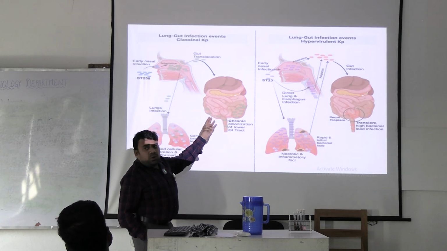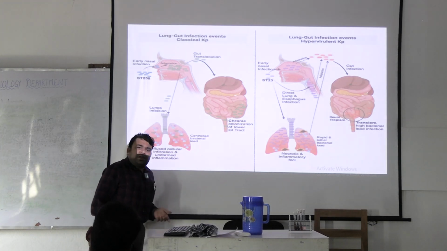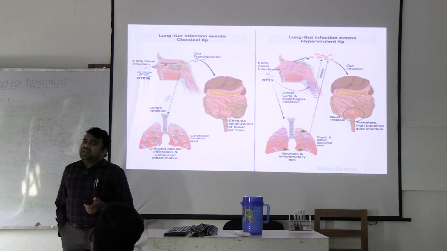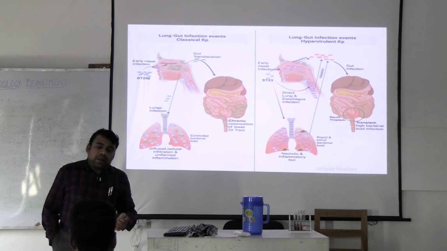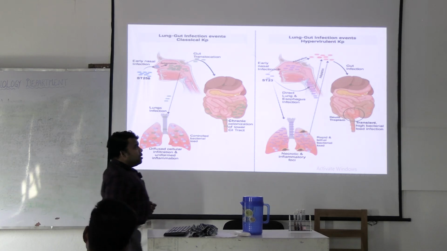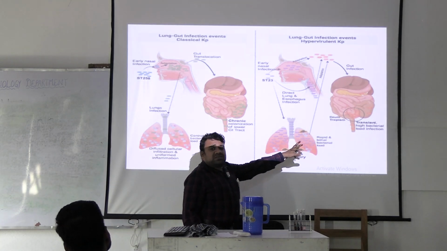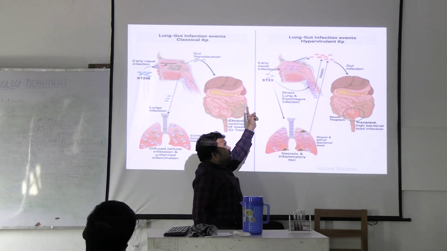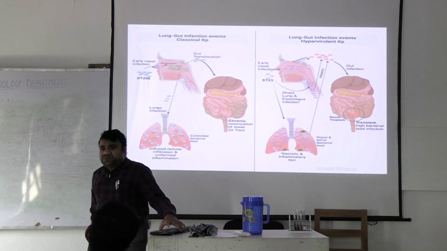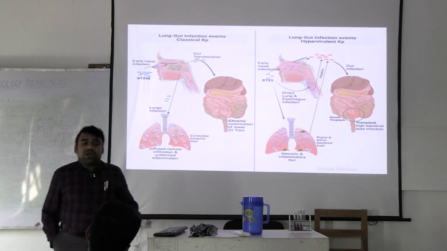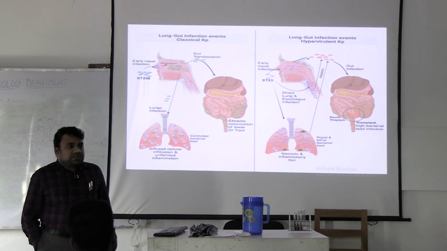Thereafter, it will slowly colonize the gut. And if there is some risk factor, it will gain access into the respiratory tract, thereby causing pneumonia. But the hypervirulent strain can cause pneumonia even before it gains access into the intestine. That means right from the stage of initial colonization in the upper respiratory tract, either oropharynx or the nasopharynx, from there onwards it can cause pulmonary infections.